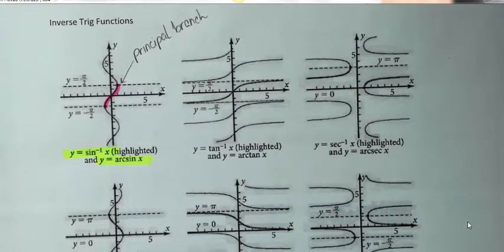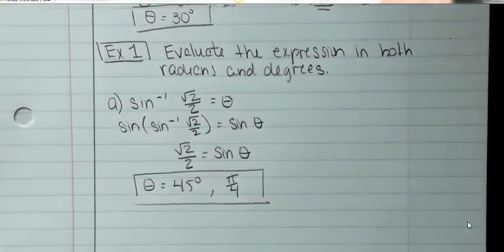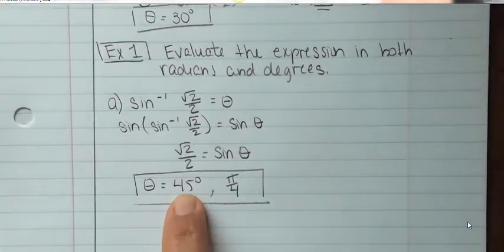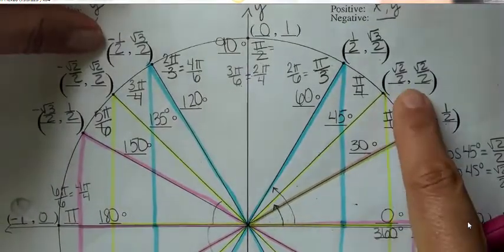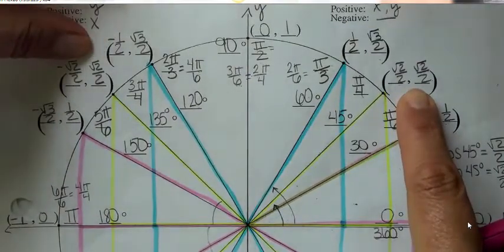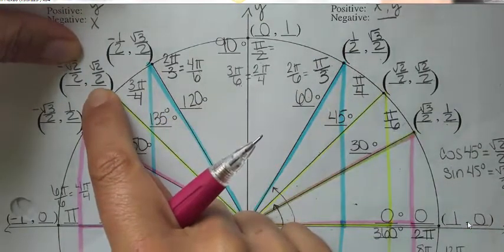Okay, so Miss Frisk, wow, you really went into that, didn't you? I sure did. Now, the reason I'm telling you that is because you're asking me, why am I using a 45? How do I know it's 45 degrees, and right, the 45 degrees had that positive root 2 over 2, and not 135 degrees.